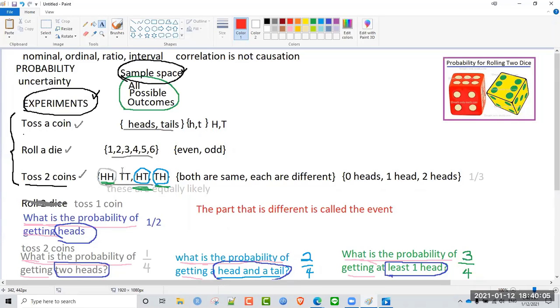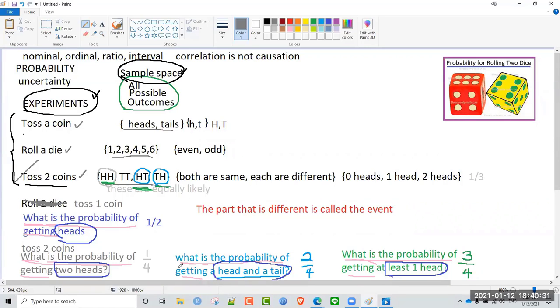Now, the experiment was the same for all of these questions. The experiment was tossing 2 coins. Tossing 2 coins was the same for all of these, but the events are different.